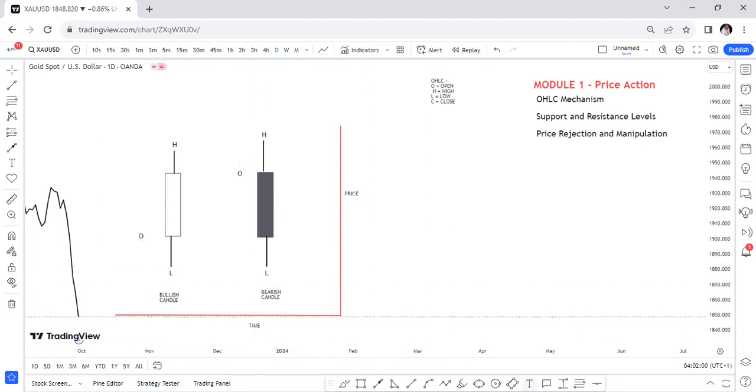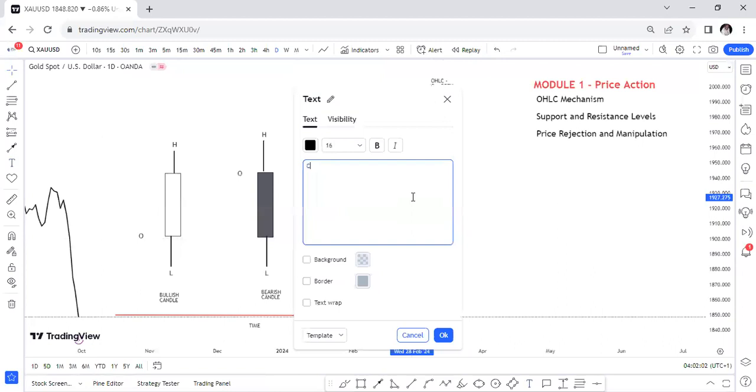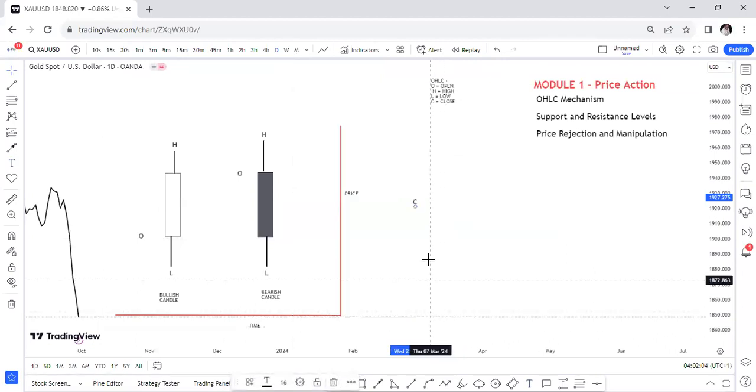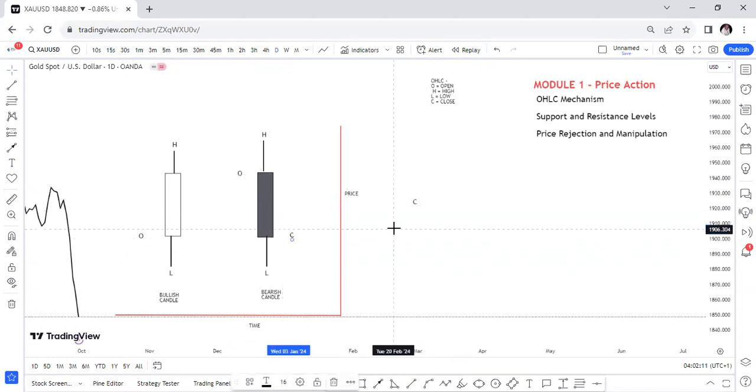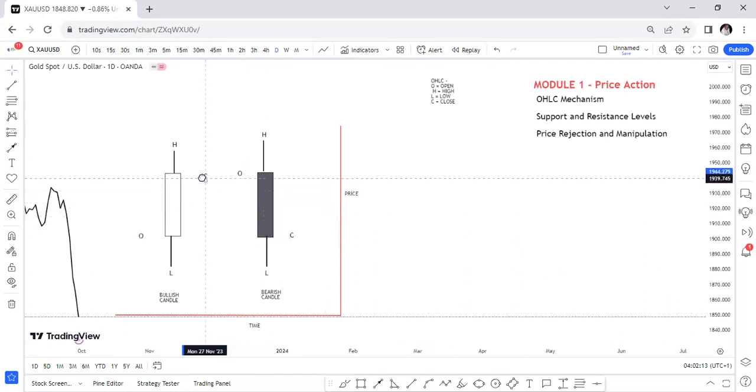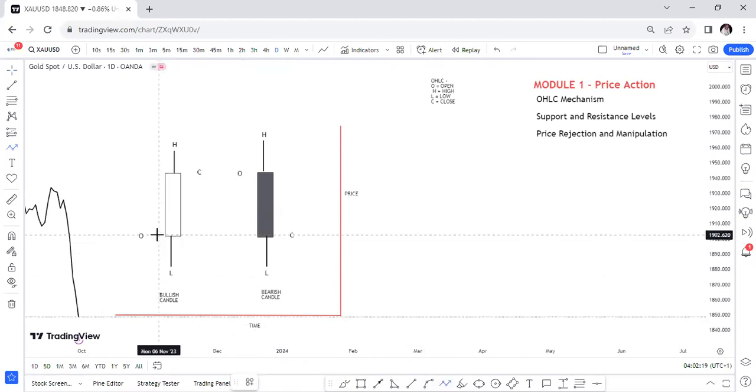Then we have the close. The close is here. So if this is your bullish candle, right?